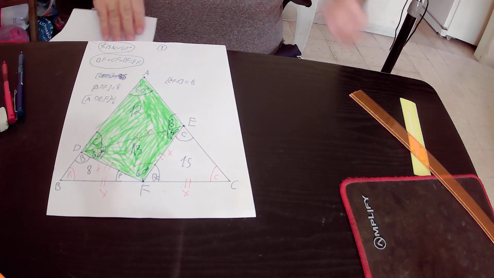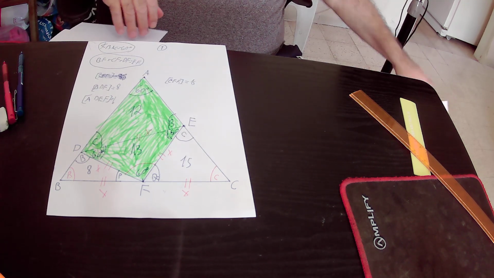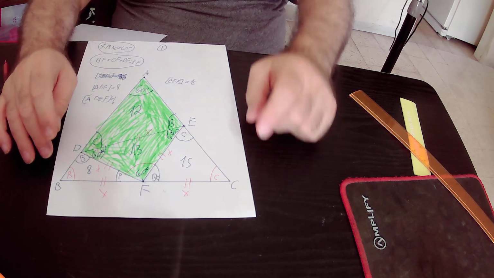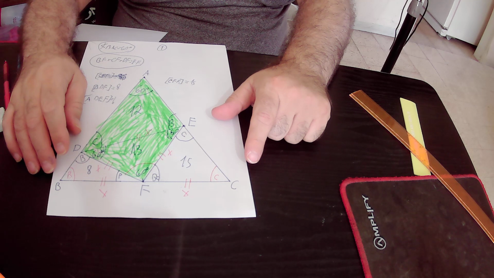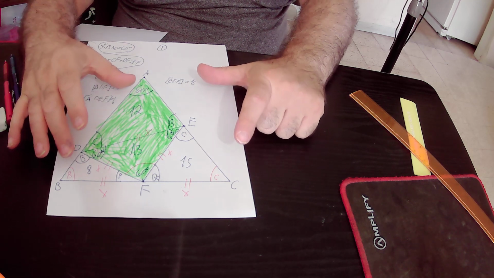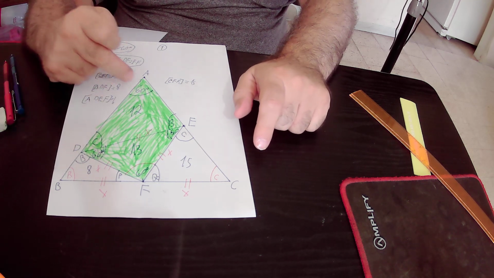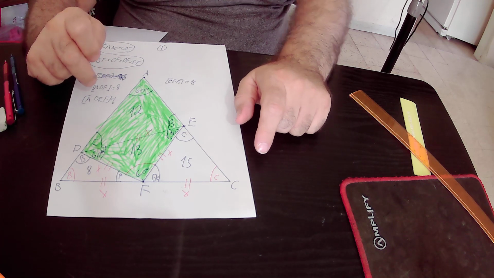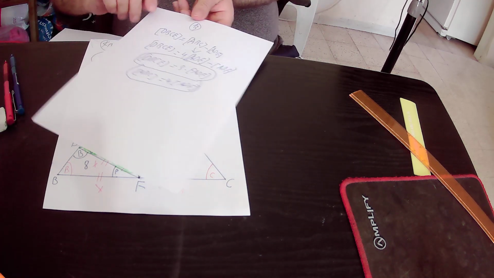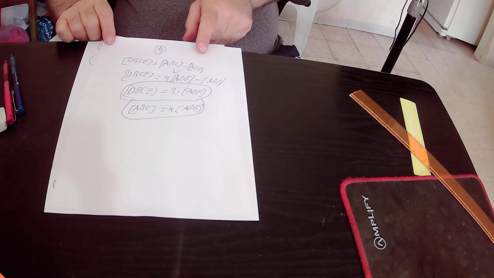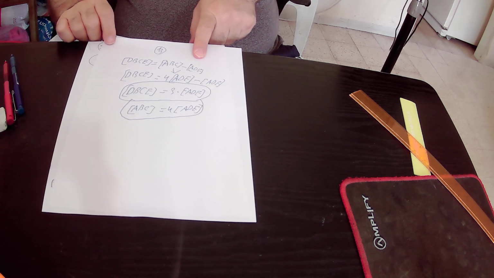And then we calculated the size of quadrilateral DBEC. The area of quadrilateral DBEC equals the area of triangle ABC minus the area of the small triangle, triangle ADE.